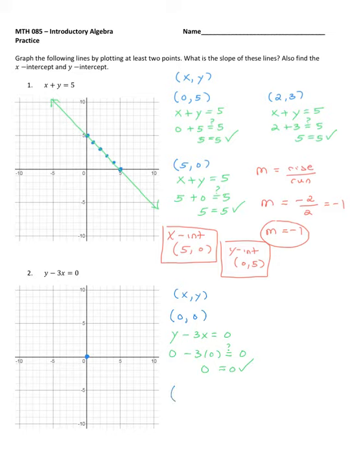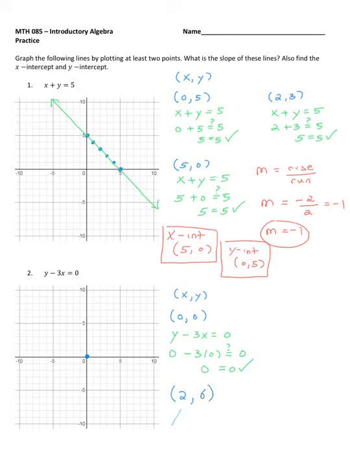Okay, let's see. Well, if I put 2 in for x, if I look at the equation, if you put 2 here, this multiplies to 6. And my goal is to make this thing equal to 0. That forces the y value to be equal to 6. Let's check to see if this is true.